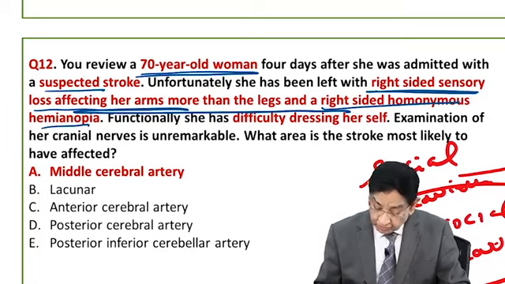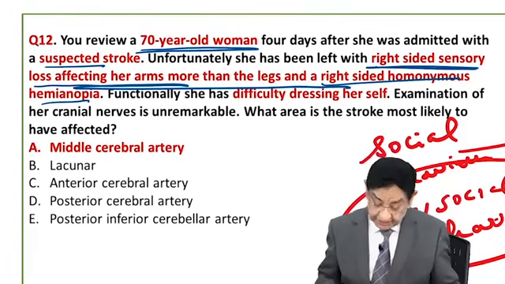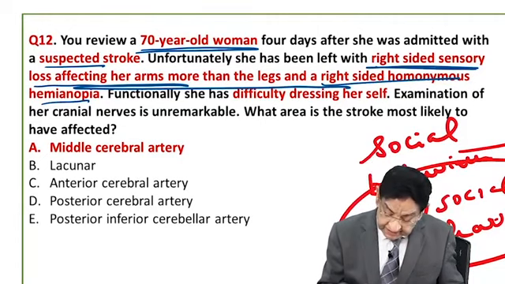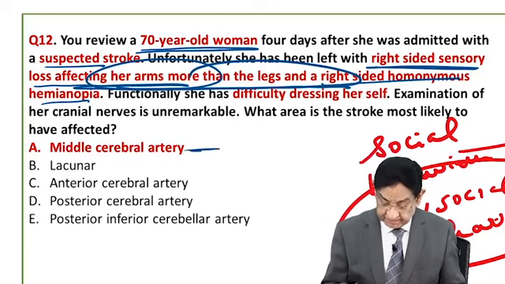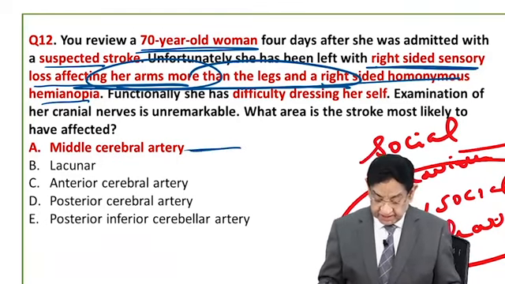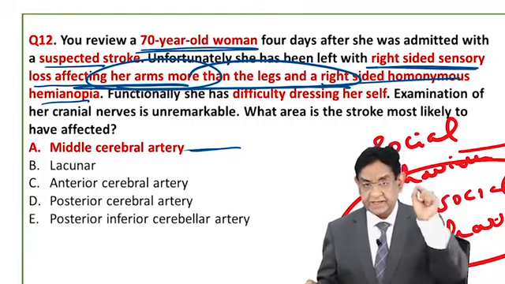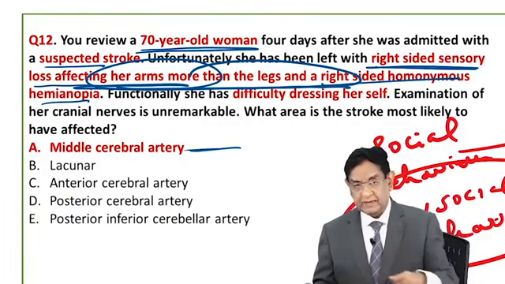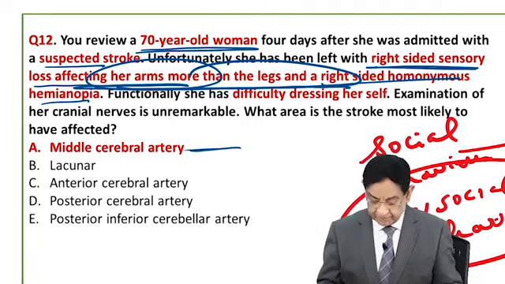Remember that arm weakness more than leg weakness we see in middle cerebral artery infarct only. No other condition. In anterior cerebral artery, it would have been leg weakness more than the arm.